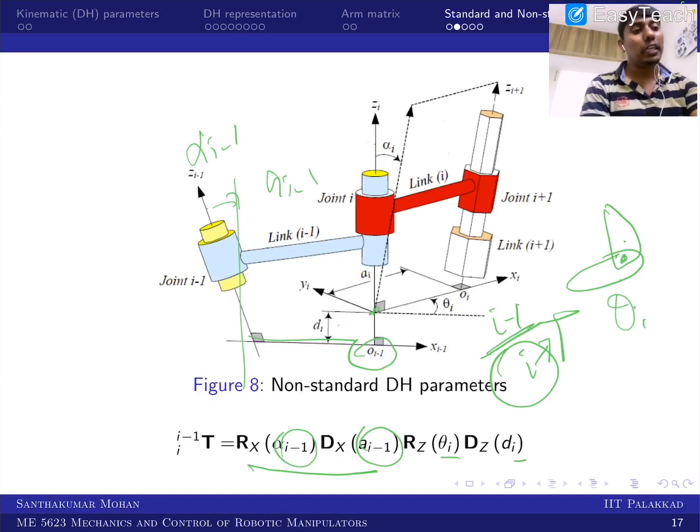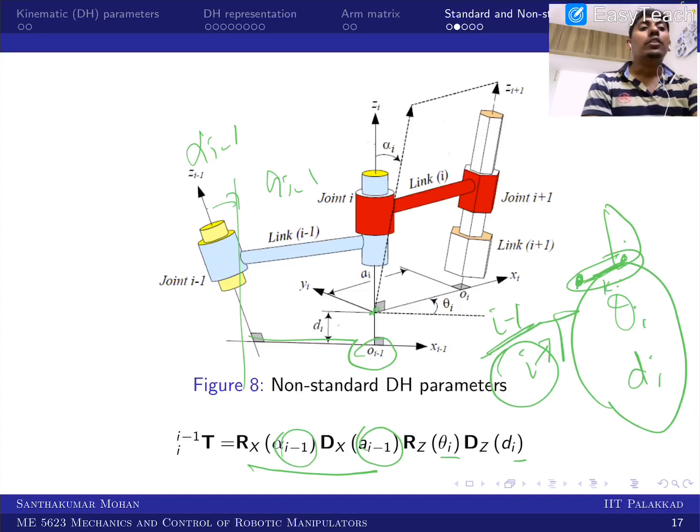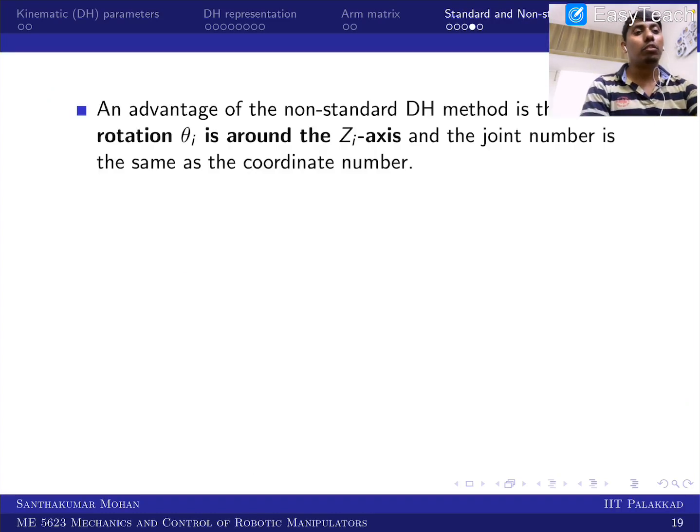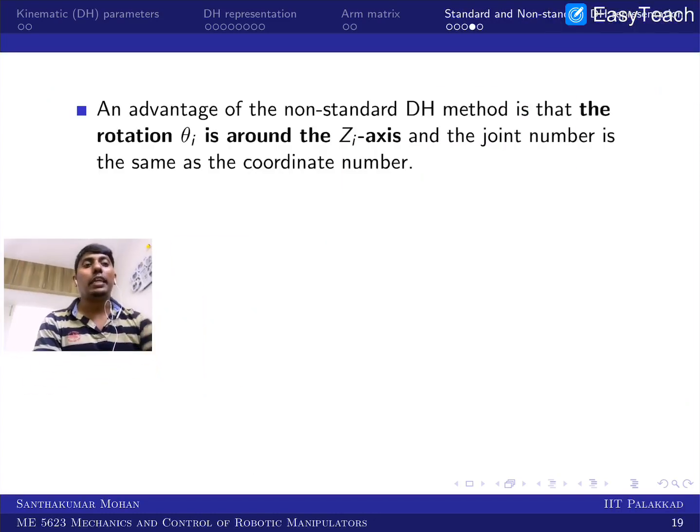That's why you write theta and d I. So this is valid. Whereas the link parameter is from the previous joint to the current joint, this information is the I minus 1th link. So then you have to represent alpha I minus 1 and a I minus 1. This is valid for our course, so that's why we are taking that case.